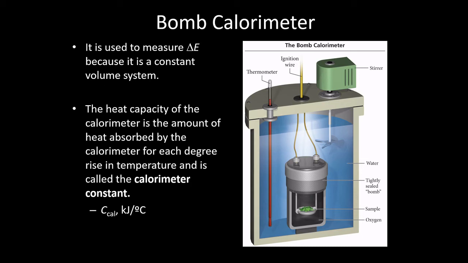It's most often used for foods, but it doesn't have to be used for foods. You could do it for essentially anything that burns. You could use bomb calorimetry to determine the caloric content in terms of food, but also even the enthalpy, which we'll talk about in just a second, of other materials.